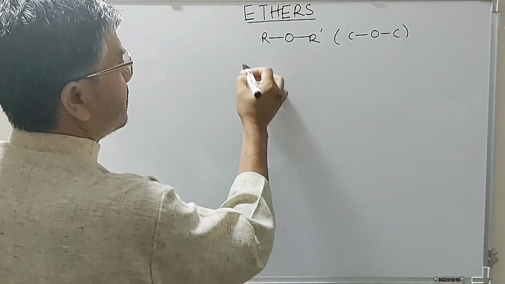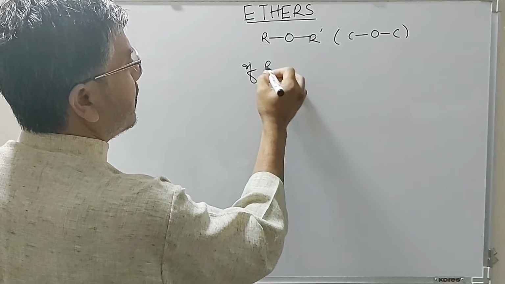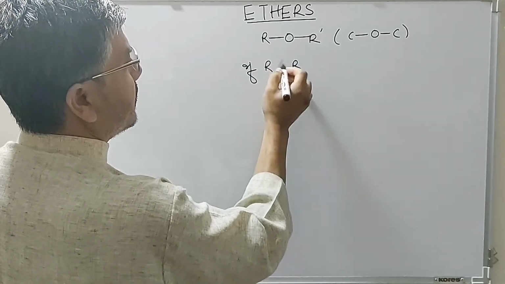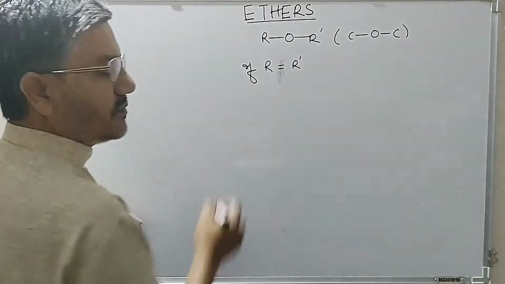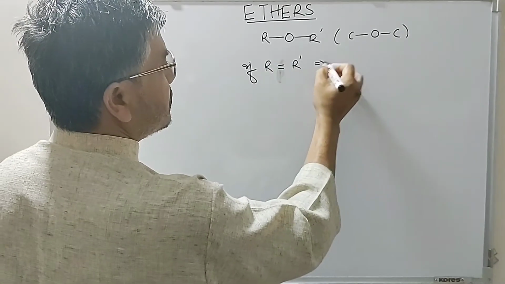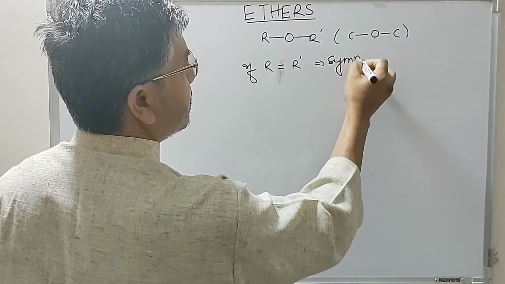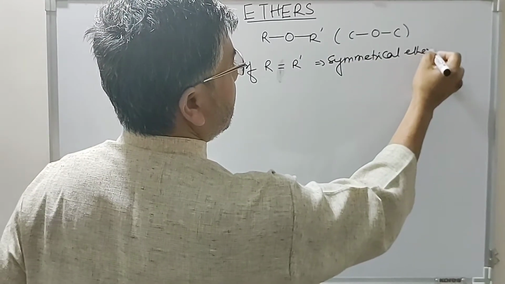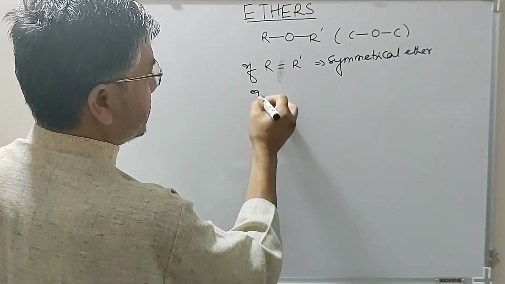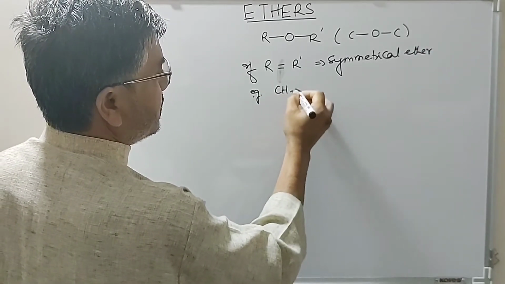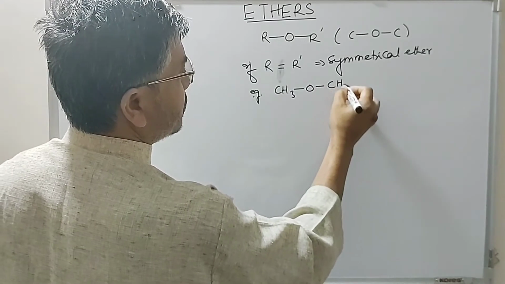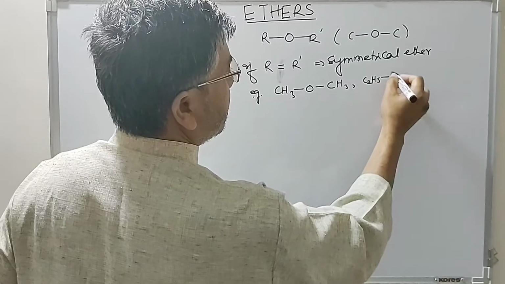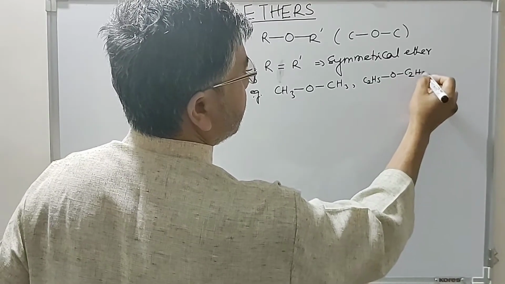If R and R prime are the same, then we say this is a symmetrical ether. Example: CH3OCH3, C2H5OC2H5.